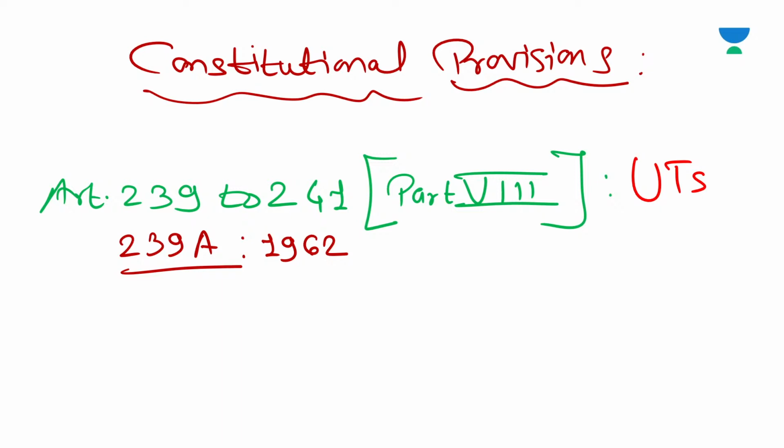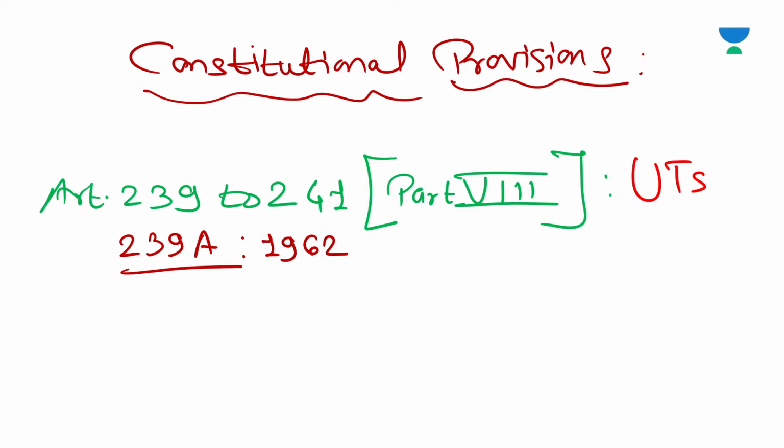The important amendment, Article 239A, was added into the Constitution in 1962, which describes that the Parliament has power to create legislatures for the union territories. In this direction, some union territories were provided with a legislature and council of ministers to fulfill democratic aspirations of the people of the territories.